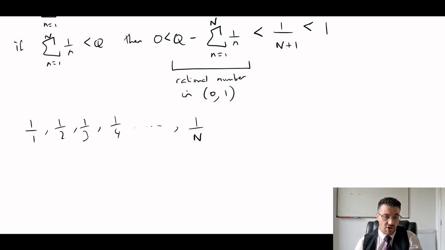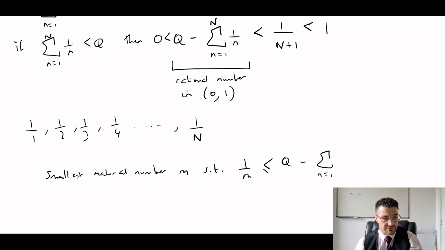So the smallest natural number m that we can find now, such that 1 over m is less than or equal to q minus the sum from n equals 1 to n of 1 over n, is going to be greater than or equal to n plus 1.